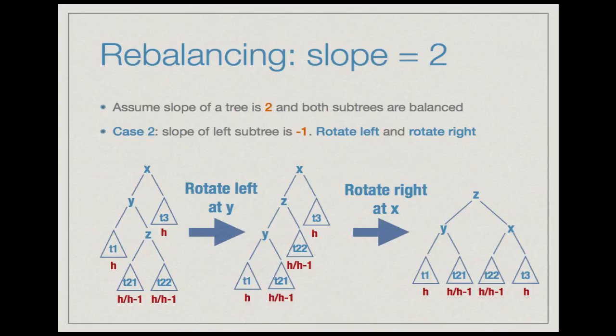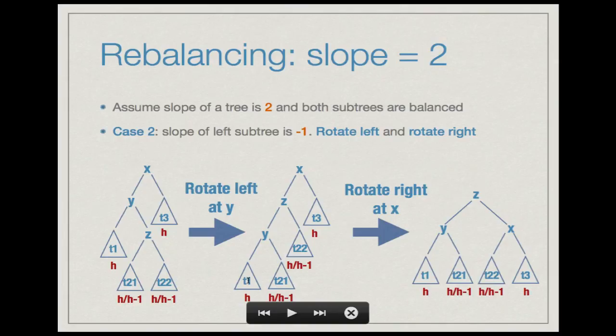Now we achieve a height balanced tree in two steps. In the first step, we rotate left at y. So what happens is that we just concentrate on the left subtree of the original tree, and we rotate left at y, which means that we pull Z up, we push y down. But when you pull Z up and push y down, you make y the left child of Z, which means that T21 needs a place to go and it goes as the right subtree of y, which is what happens here.